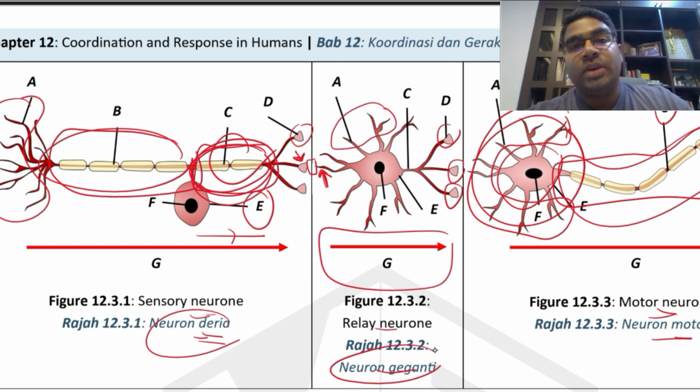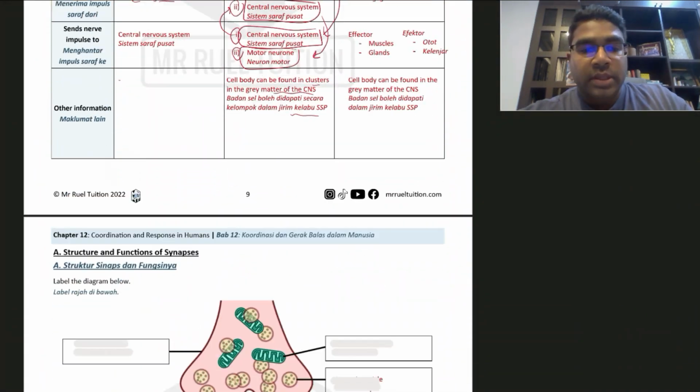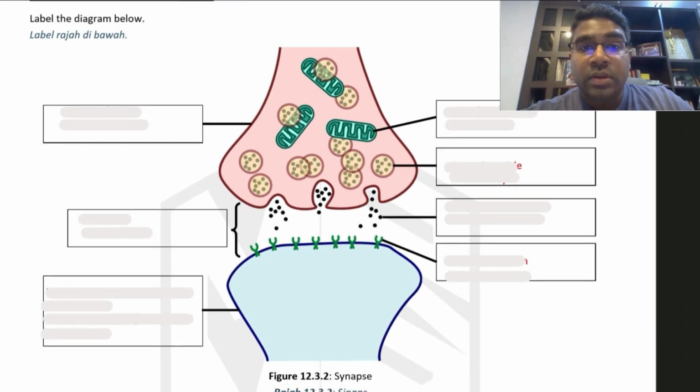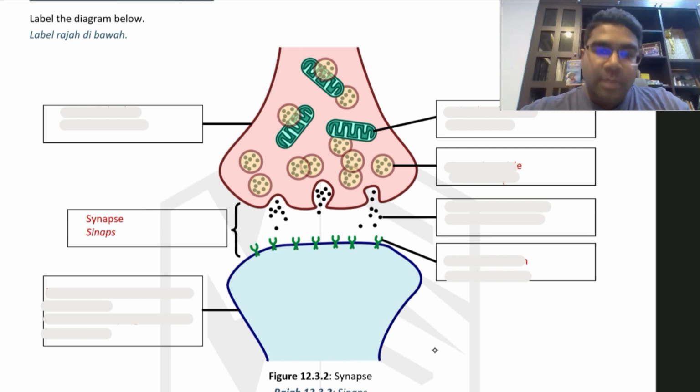Itulah synapse. Okay, so inilah gambar yang kita boleh nampak di sini. So mana synapse? Where's the synapse? The synapse is the gap, isn't it? Celah kan? Sinilah synapse. Alright, so apa akan berlaku ialah, so kita tengok cerita dia dulu.